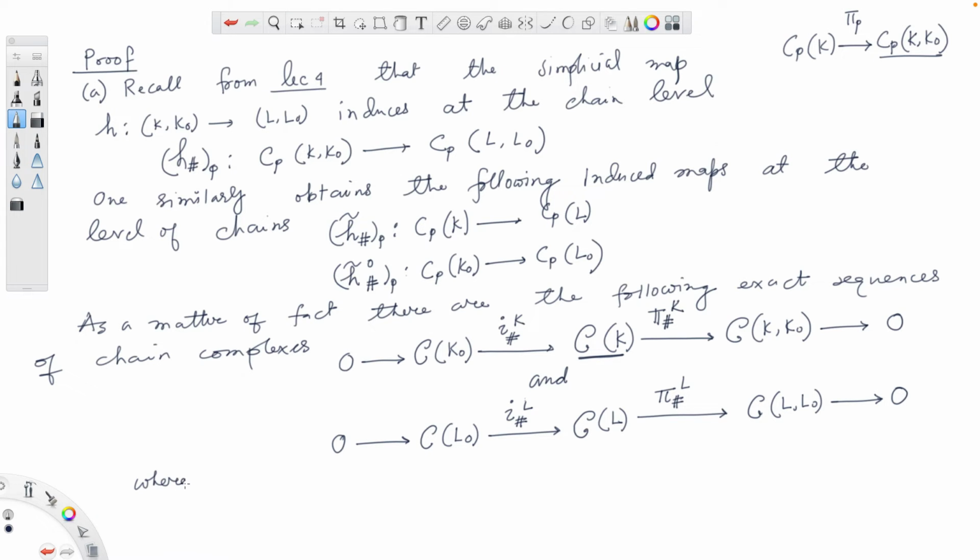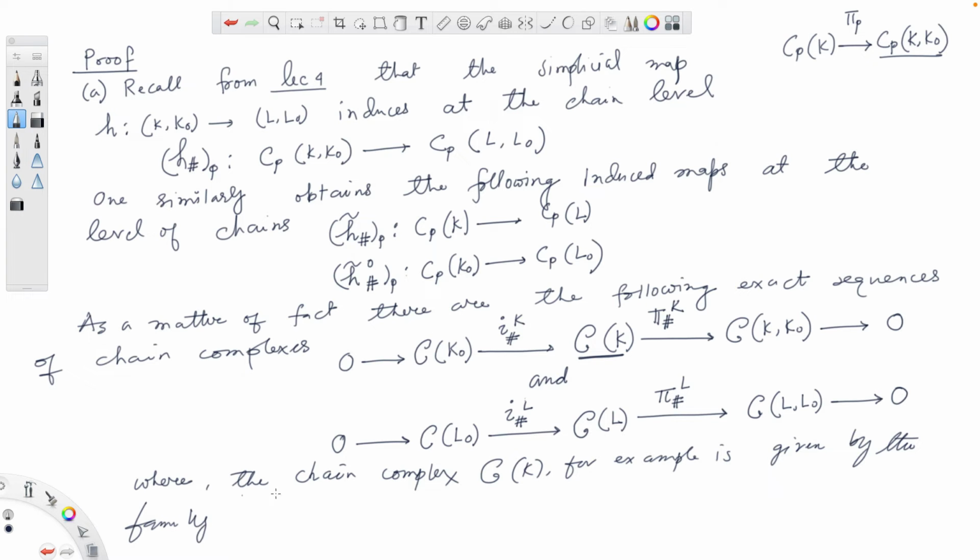A few words about the notation: the chain complex C of K is given by the family C_p of K, which are the pth chain groups on the simplicial complex K, equipped with the boundary homomorphisms del p K.